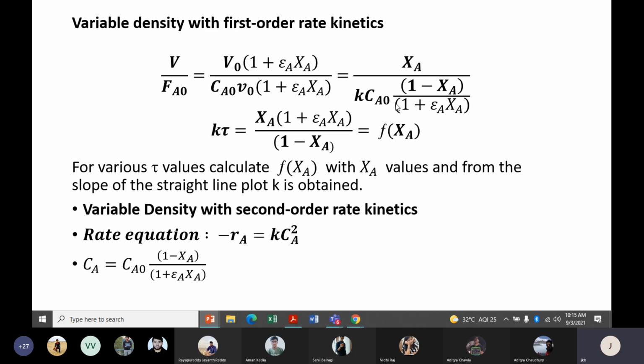Is it clear? That is, in the rate expression I have substituted K Ca, and what is Ca? Ca is Ca0 multiplied by this ratio, 1 minus XA by 1 plus epsilon A XA. Did you follow this?